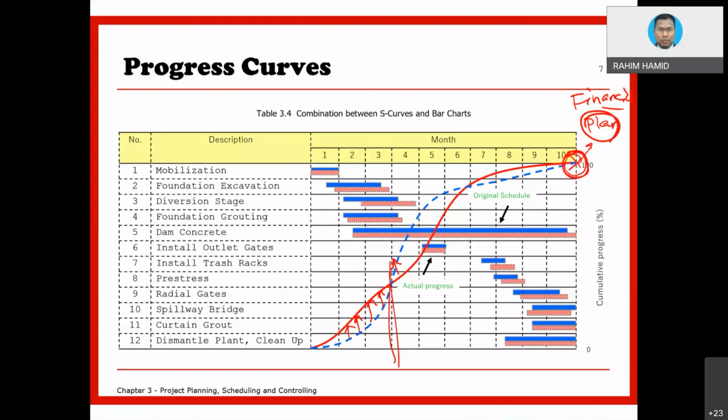Actually, you should revise your action plan, not the original plan. It is the strategy that you change. You have to work extra. You have to bring more manpower. You have to cancel whatever weekend you planned, because now you are running short of time. So you need to take drastic action.